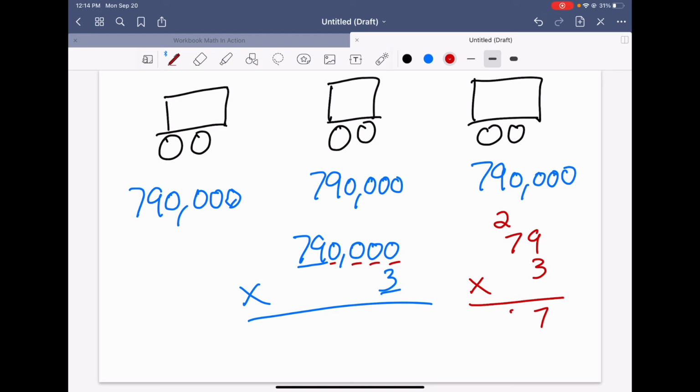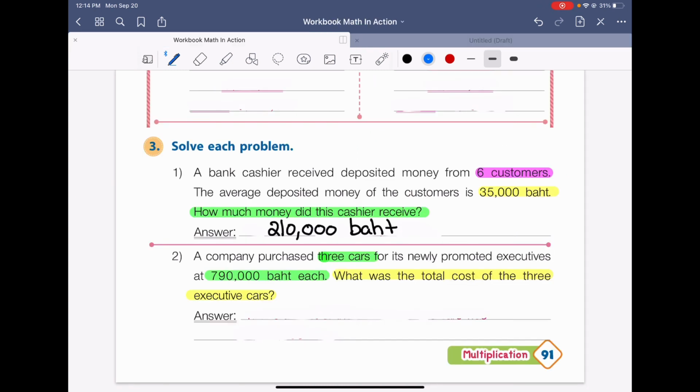Plus 2 is 23. So we're going to write 237. How many zeros we have? We have 1, 2, 3, 4. We end up getting 2,370,000.